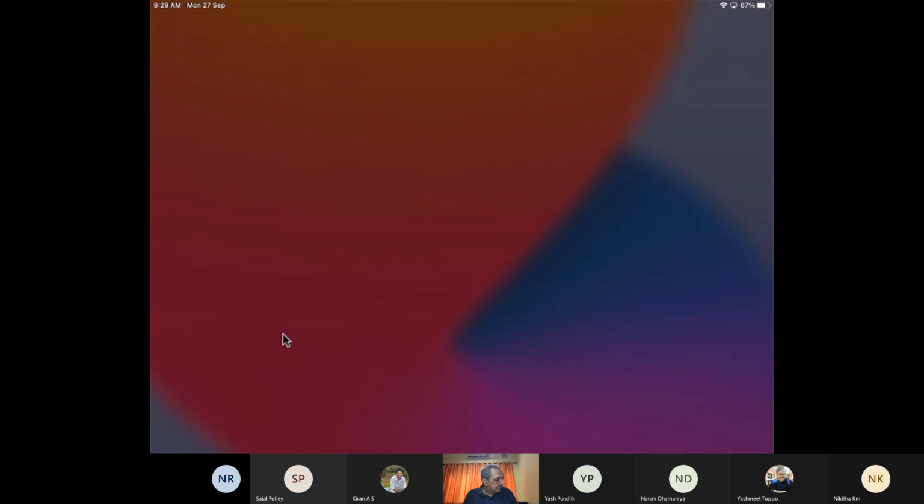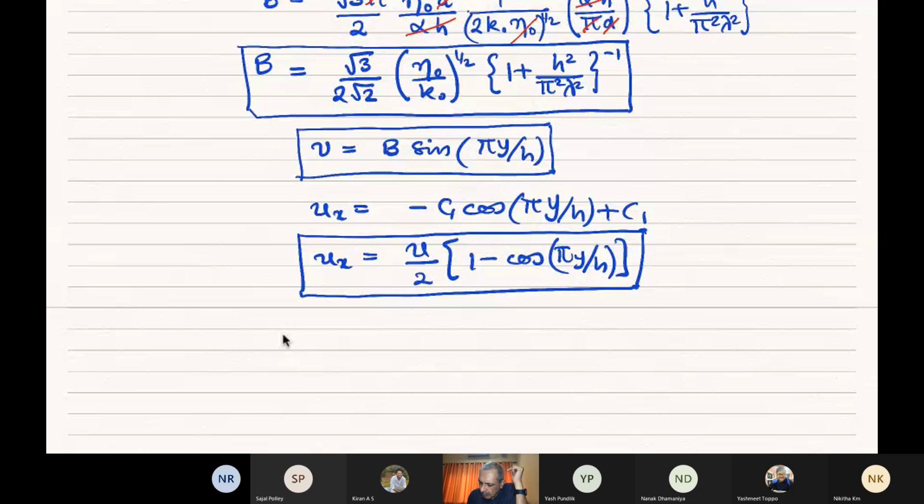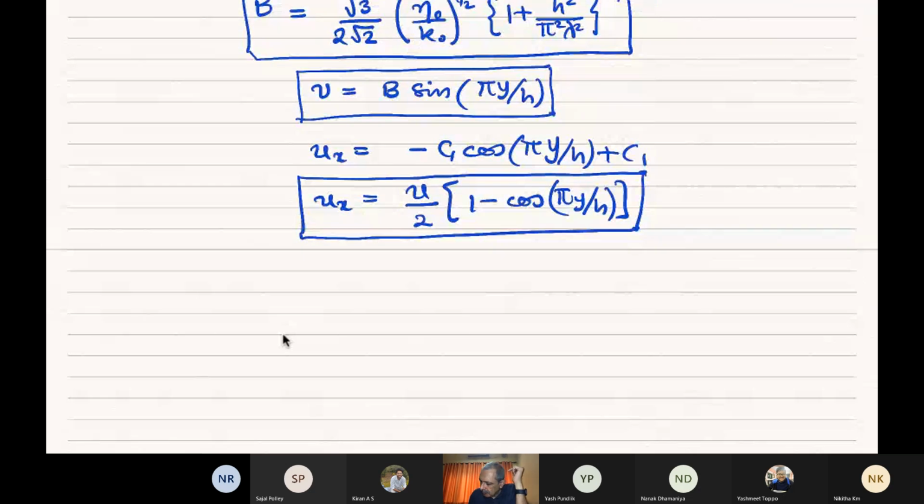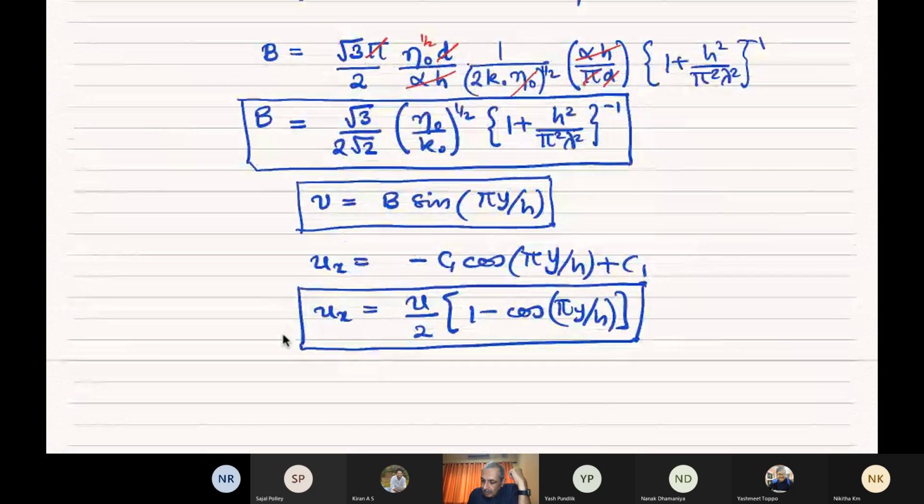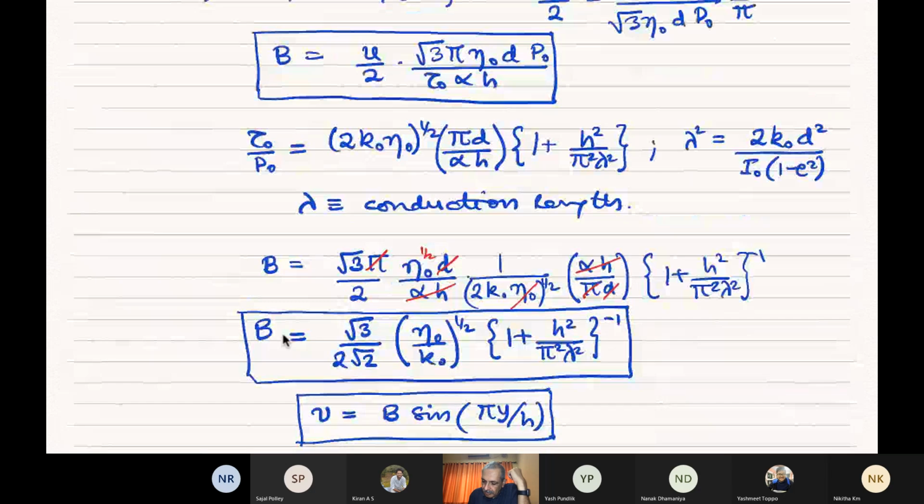And there you get a cosine kind of profile that you get over there. So this is really very nice. And then in addition to this, we have our expression for tau 0 and so forth given by this.